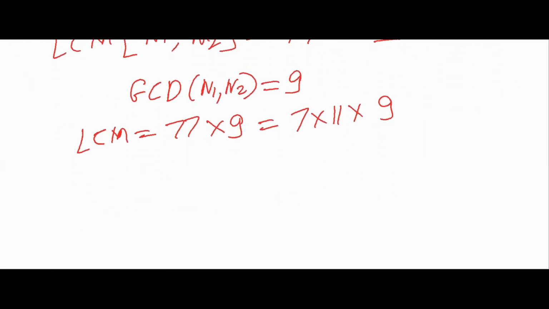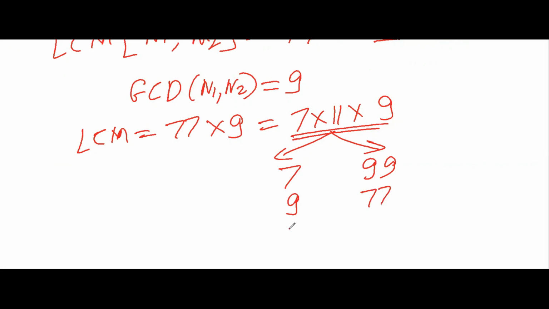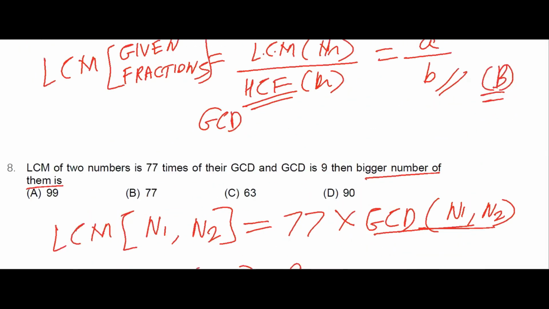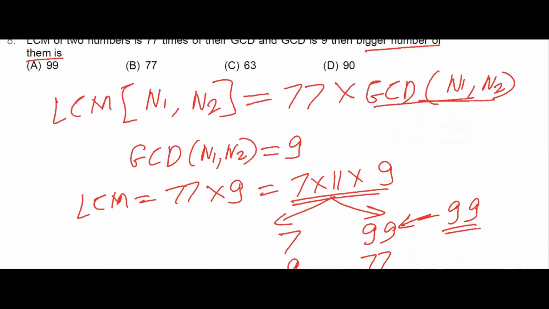One pair could be 7 and 99, then next could be 9 and 77, and another could be 11 and 9 times 7, that is 63. So the bigger number out of these is 99. So 99 should be the answer.